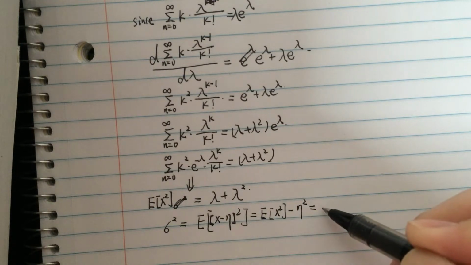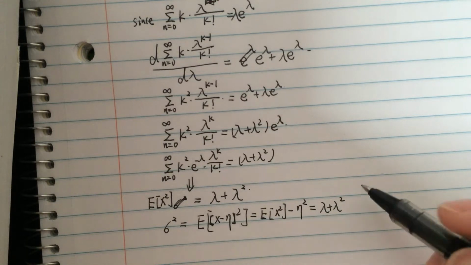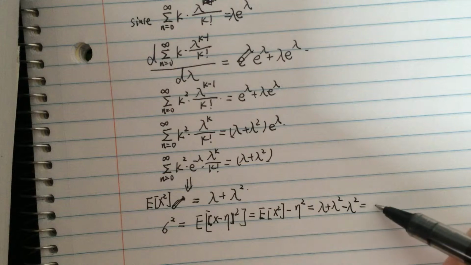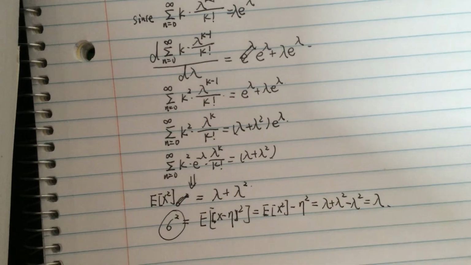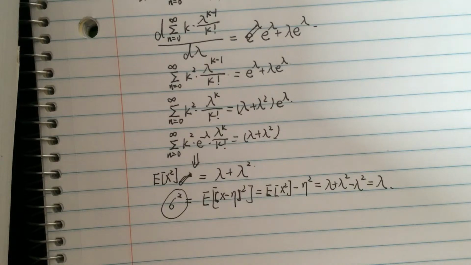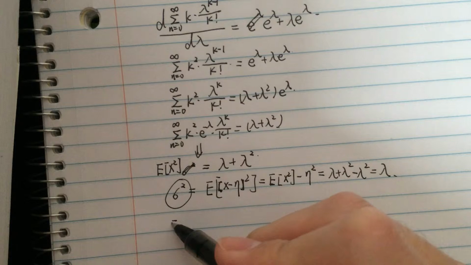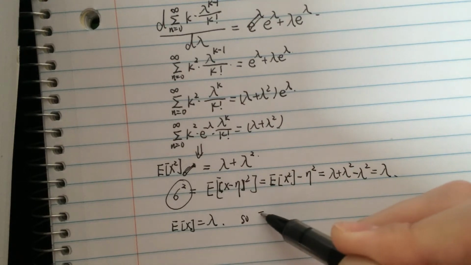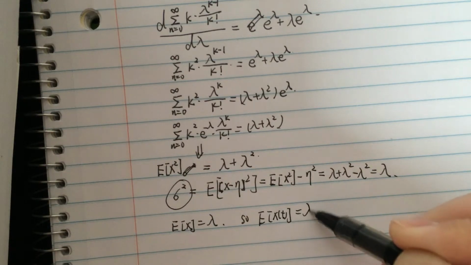This one equals lambda plus lambda squared, and this one is lambda squared, so it is lambda. We can get the variance. And since E of X is equal to lambda, E of X(t) will equal lambda t.